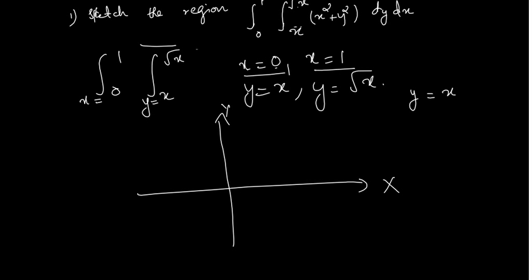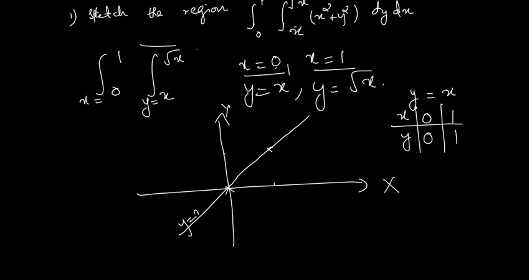If you don't know how to sketch this line y is equal to x, just put values for x and y. If you put x is equal to 0, what will be y? That is also 0. If you put x is equal to 1, y is also 1. So 0, 0 and 1, 1 may be here. So this is the line y is equal to x.